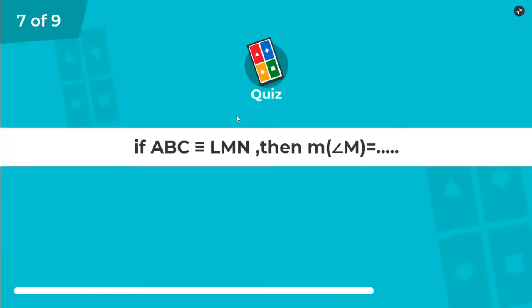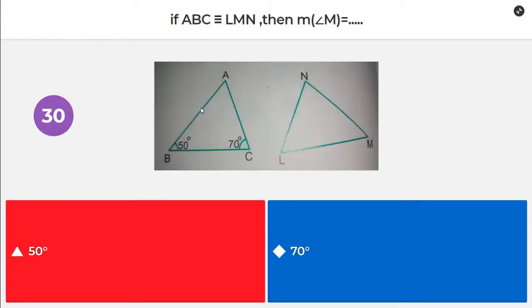Example number 7: if ABC is congruent to LMN, so A corresponds to L, B corresponds to M, and C corresponds to N. Then measure of angle M is the second letter, so it will be equal to B, which is the second letter of the first triangle.